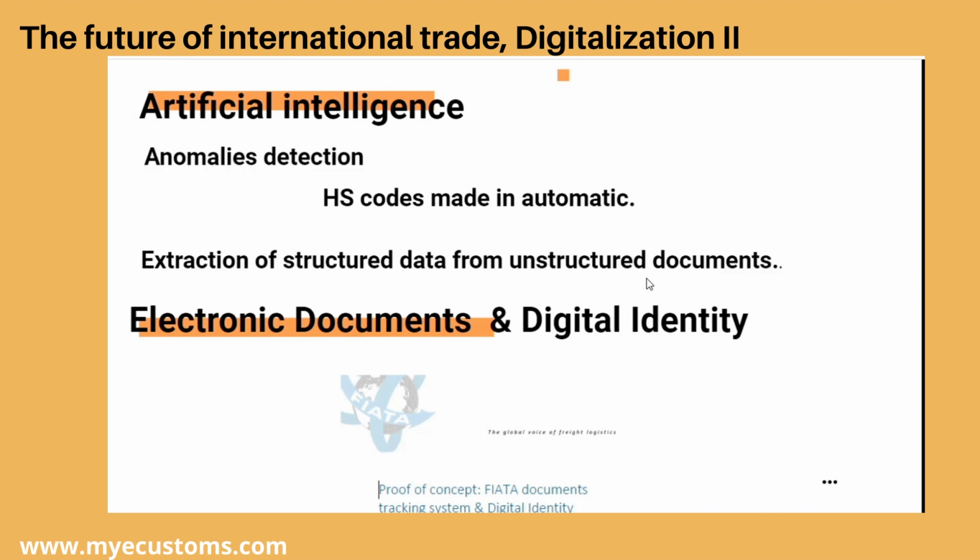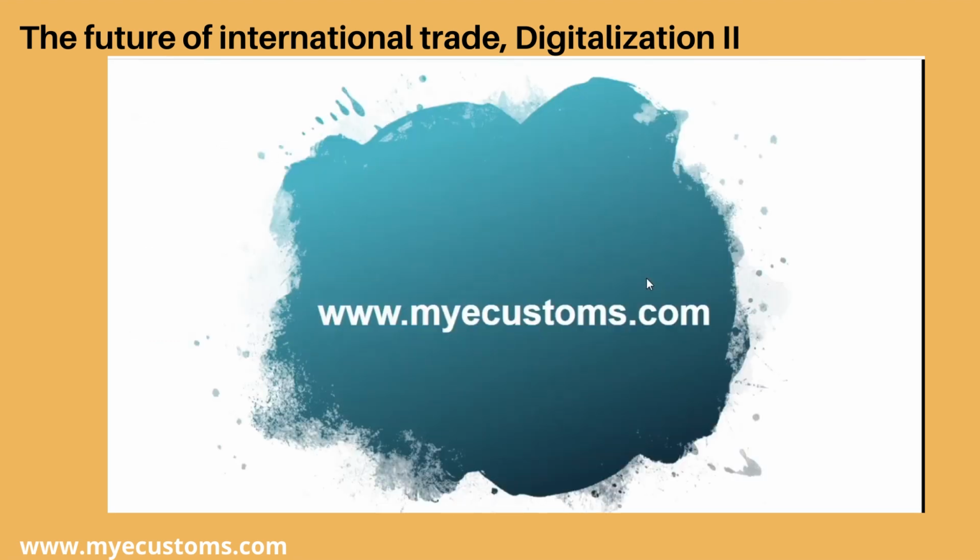And also we are developing electronic documents with FIATA and digital identity in order to identify who is the issuer of the documents and that the document is the original one.